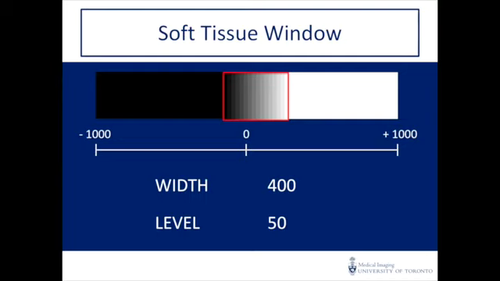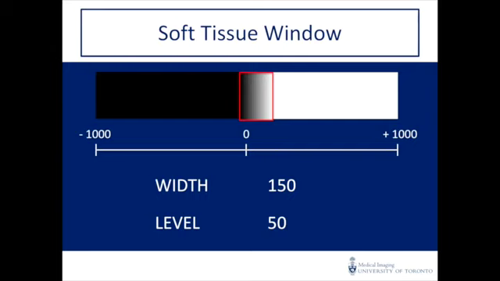Let's narrow the window width even further. Now, with this window, the shades of gray are distributed over an even smaller range. The width is now 150. So differences in density will be even more apparent, because differences in density within this narrow range will differ quite a bit with respect to the shade of gray that they're displayed as.